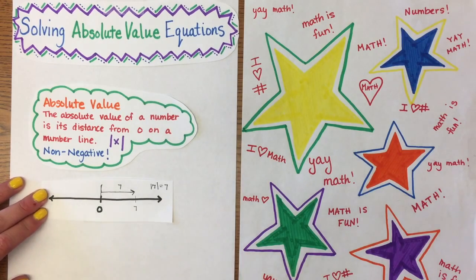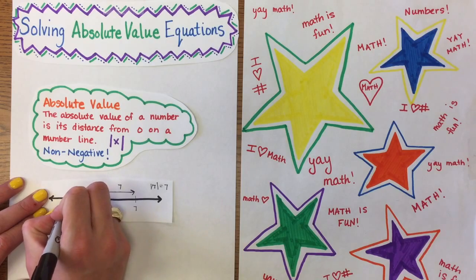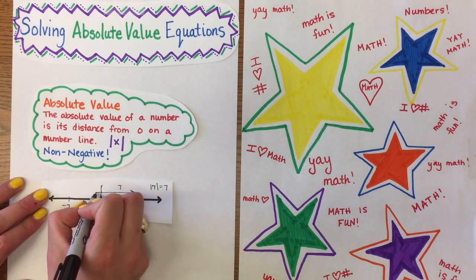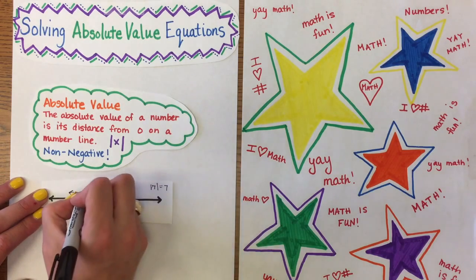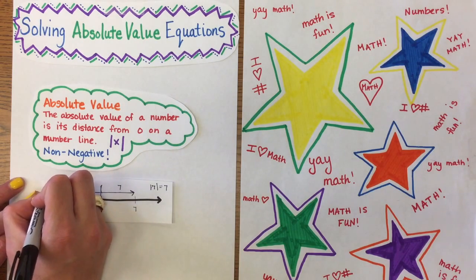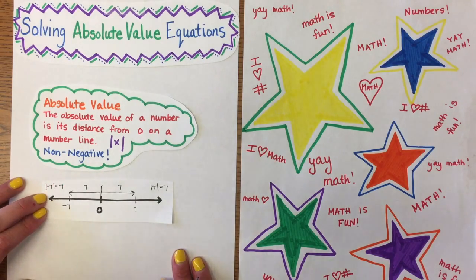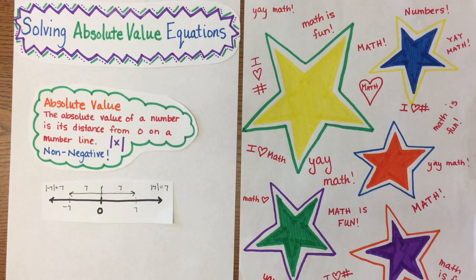Now, if I'm looking at the same number line and a value of -7, the question is how far from 0 do I have to go to get to -7? And the answer is 7. -7 is 7 units from 0. We are basically removing the sign and making it positive because distance is always a positive value.